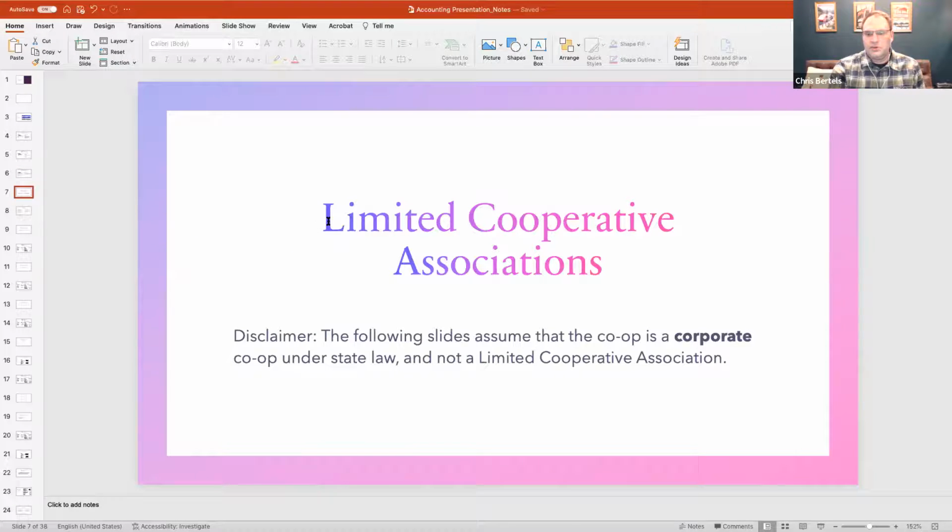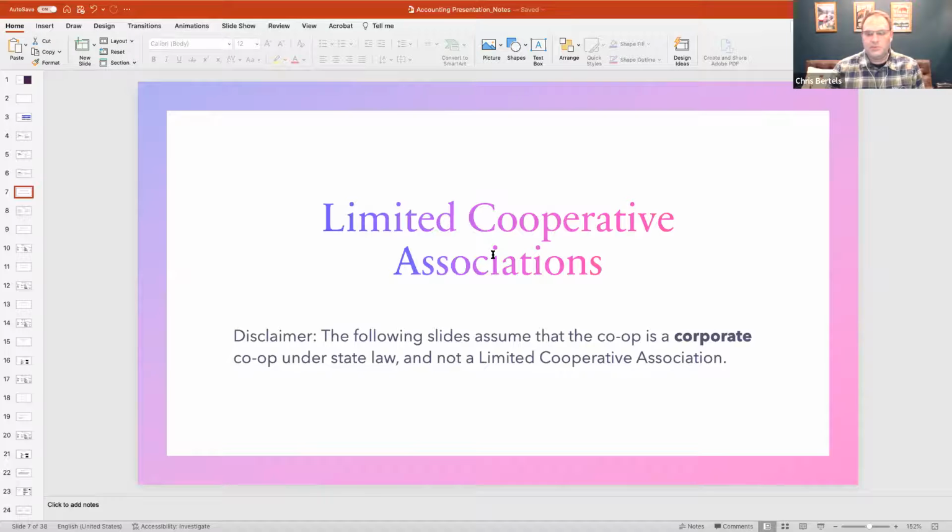Just really quickly, there's a thing called a limited cooperative association, which I think is in 6 states and the District of Columbia. I would anticipate that most of you are not going to be limited cooperative associations, but if you were, then some of the following slides may not apply exactly.